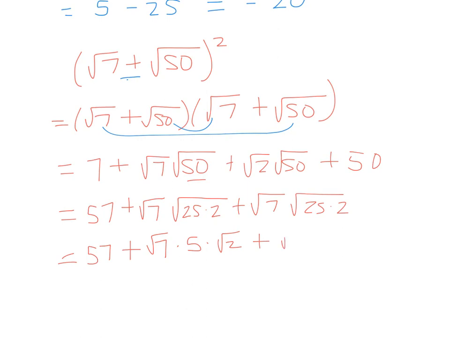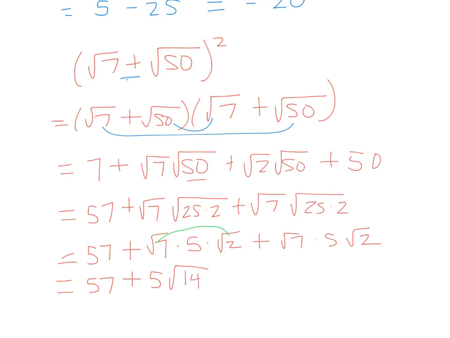So we have square root 7, and simplifying the square root of 25, we get a 5, and then times the square root 2. So we have 57 plus 5 times, we can multiply these two square roots together, and we end up with the square root of 14.